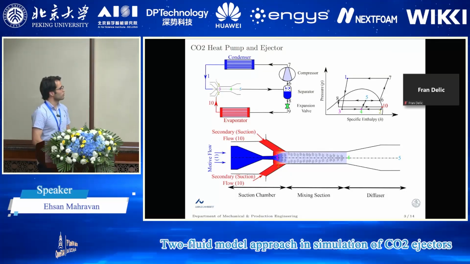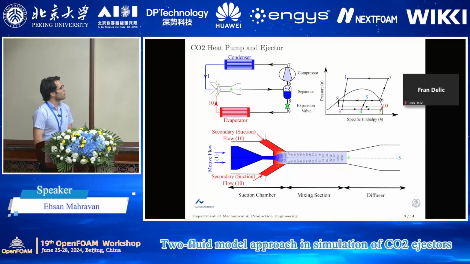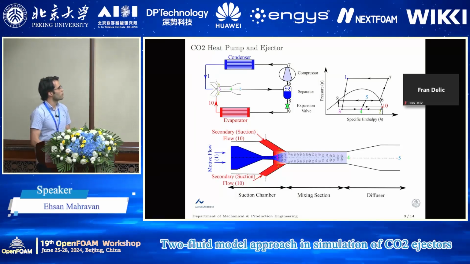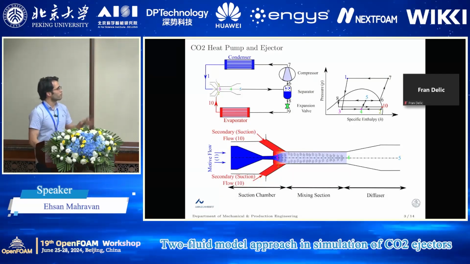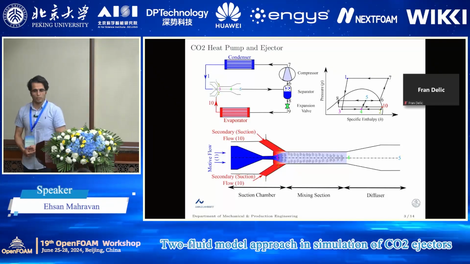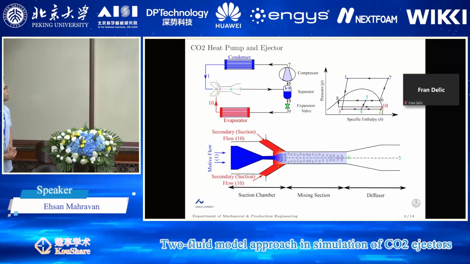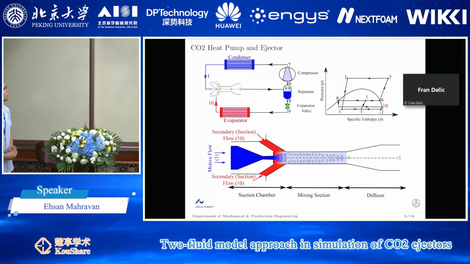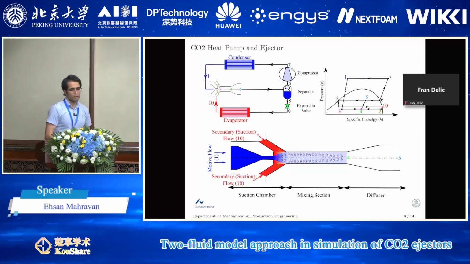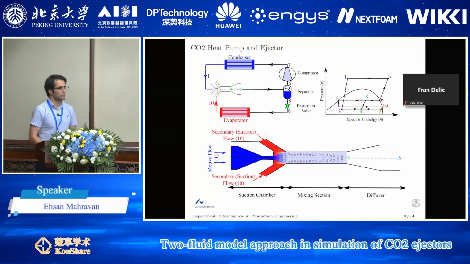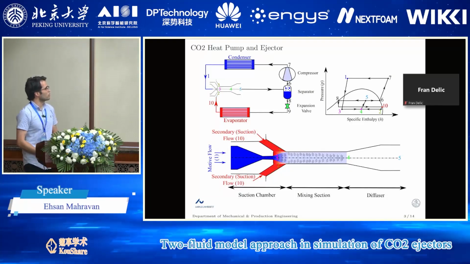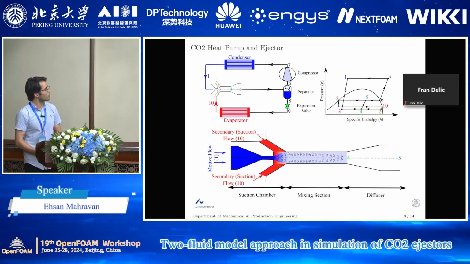So, schematic of the problem. On top, you can see the components of the heat pump and the cycle. In conventional cycles, when the fluid comes out of a condenser at a high pressure and temperature, it goes through an expansion valve, and the pressure drops to the level of the evaporator.